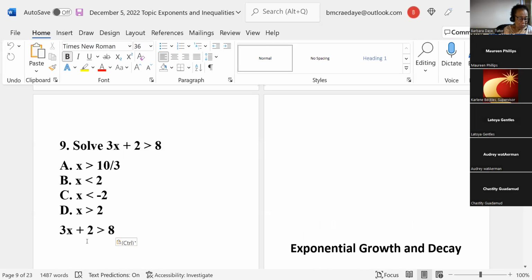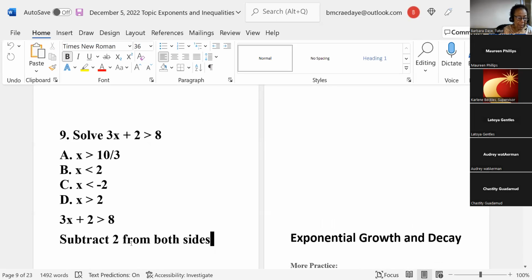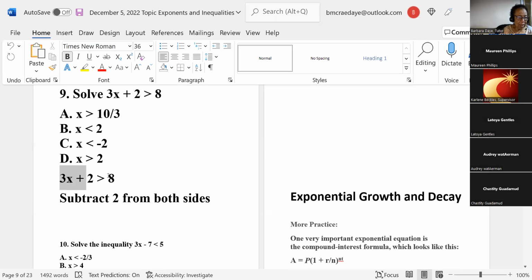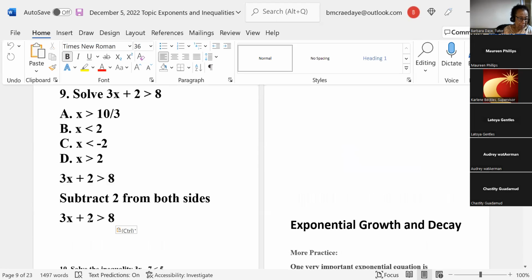She subtracted 2 from both sides, just like you do if it was an equal, right? Take this 3x plus 2 greater than 8. Subtract the 2, so minus 2 on the left and minus 2 on the right.